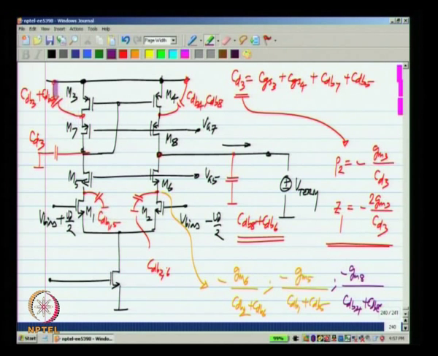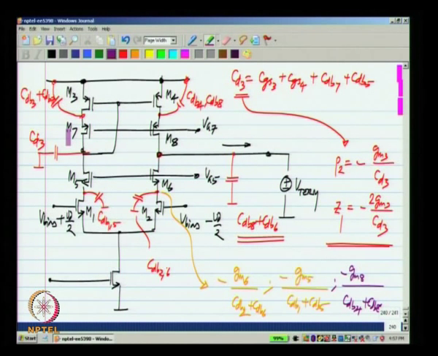Now, the effect of this is a little more complicated because it is inside a feedback loop of its own, but it turns out that it creates a pole and some 0 which is related to a similar number. It is GM7 by CdB3 plus CdB7.